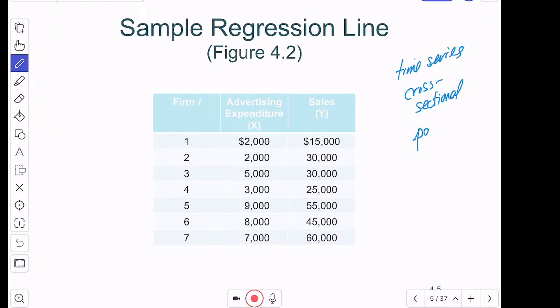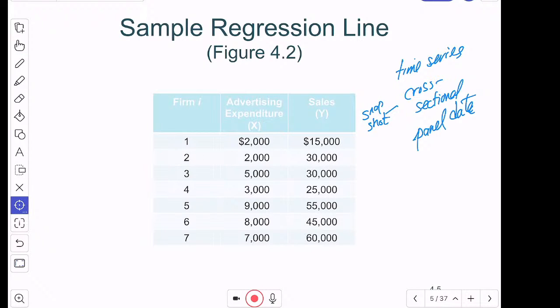Now it matters, your data matters because it determines what statistical approaches you use. Anybody know? So look, this was a snapshot in time. For several firms.